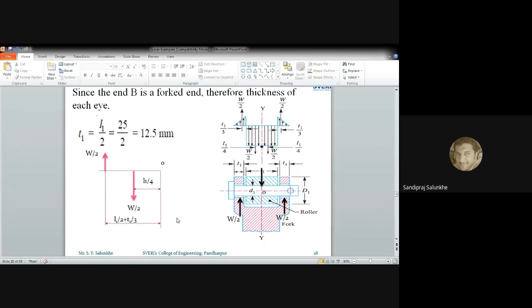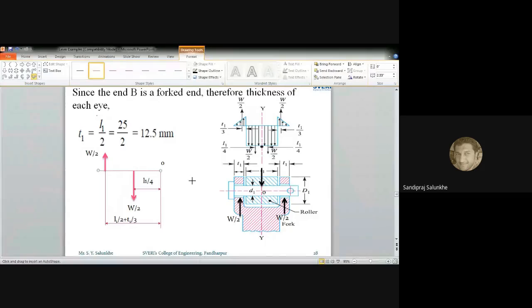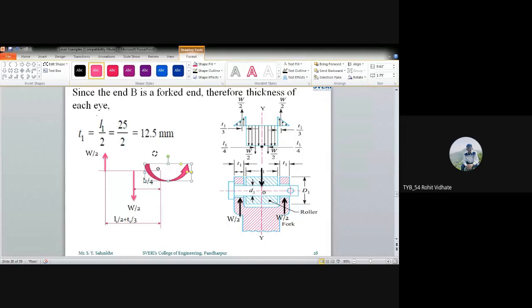Sarvade, in which direction will it be? The bending moment which has been created because of load W by 2 which is acting in downward direction, how much will it be? W by 2 into L1 by 4, sir. W by 2 into L1 by 4, right?